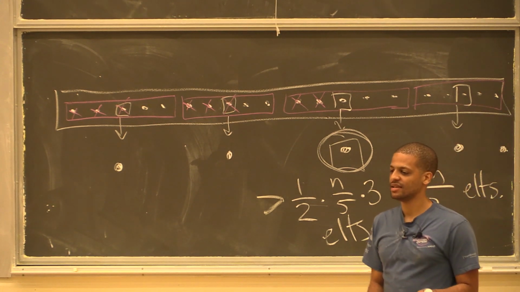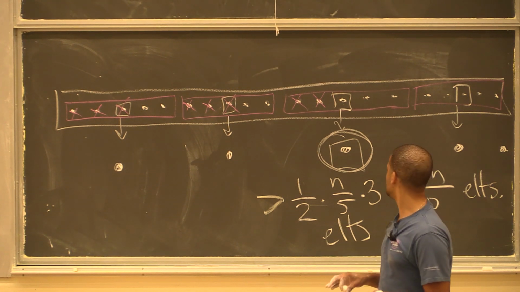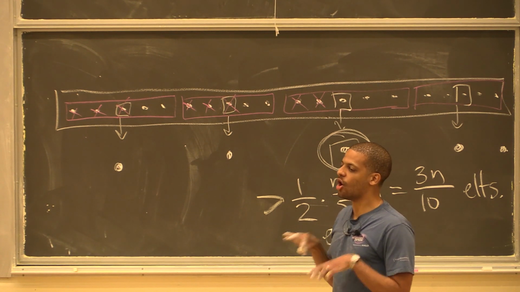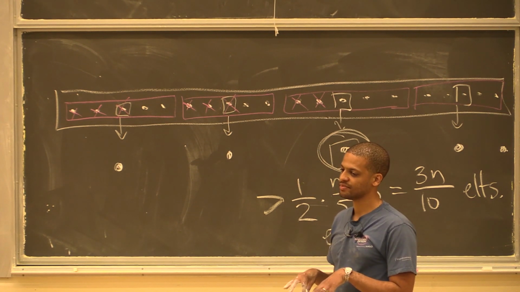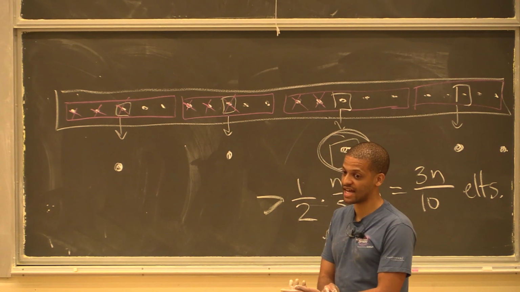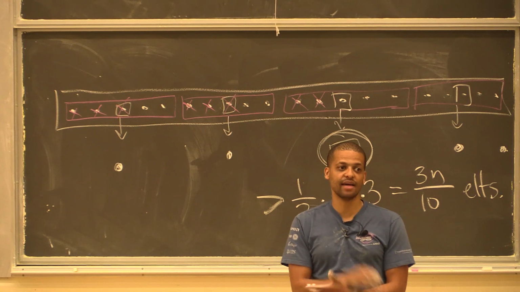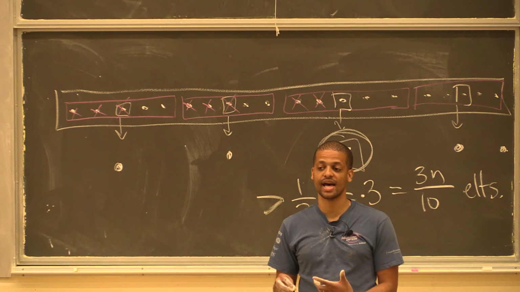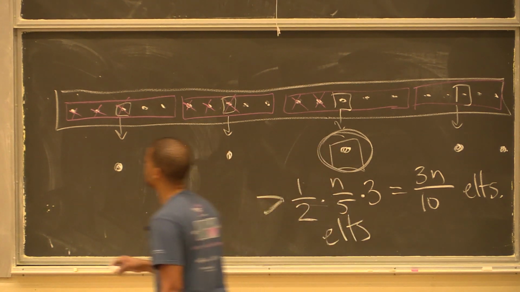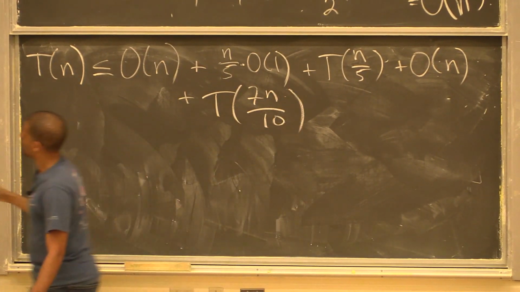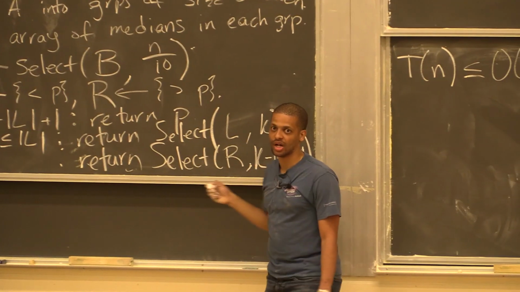So guaranteed, L has size at least 3n over 10, and R also has size at least 3n over 10, which also means that L has size at most 7n over 10, and R has size at most 7n over 10. Neither L nor R can be bigger than 7n over 10 in size. So plus T of 7n over 10, no matter which case I'm in for this recursive call.